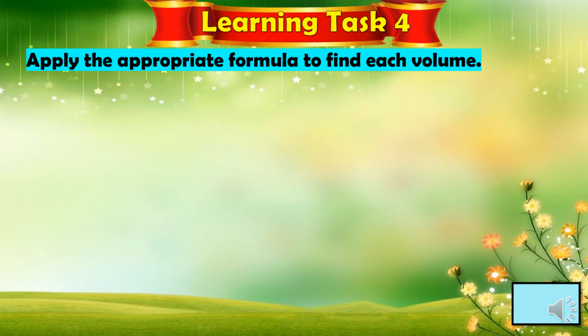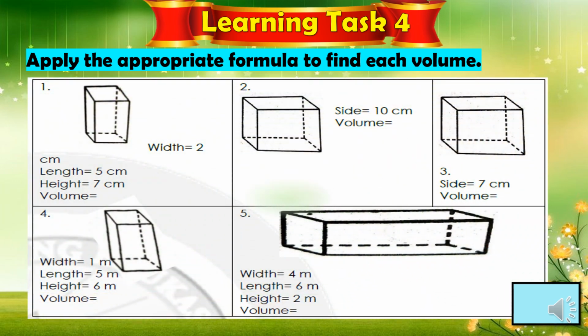For learning task number 4, apply the appropriate formula to find each volume. So we have the object or figure number 1, number 2, number 3, number 4, and number 5.